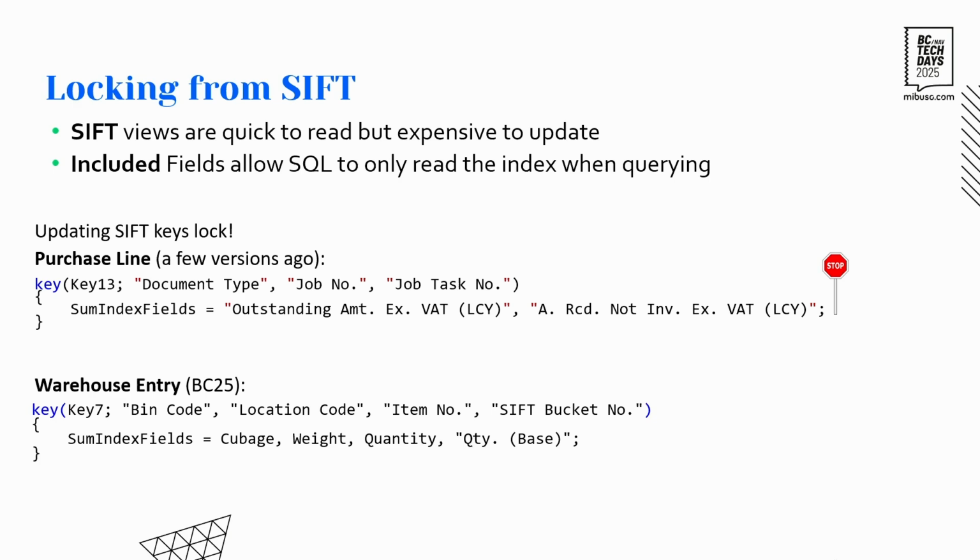So you'll see that on some of them we have added this SIFT bucket number, which could be anything, even a random number, but we chose warehouse register number modulus 5. So it'll always be 0, 1, 2, 3, or 4.